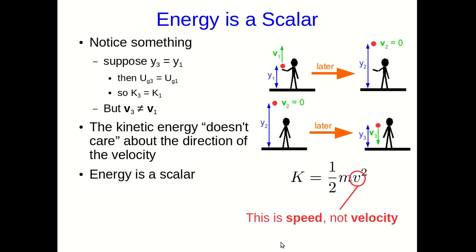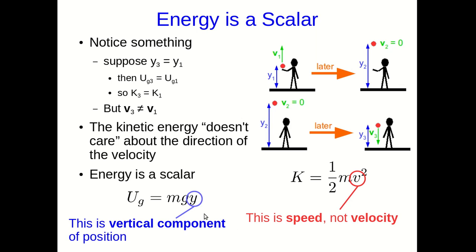This is a scalar expression. That v there is a speed, not a velocity. Similarly, when you look at the gravitational potential energy, that y is not a position, which would be a vector. It's the vertical component of the position. And while vectors are made out of components, components themselves are scalars.